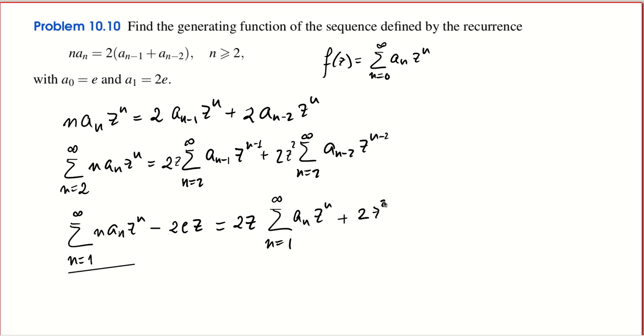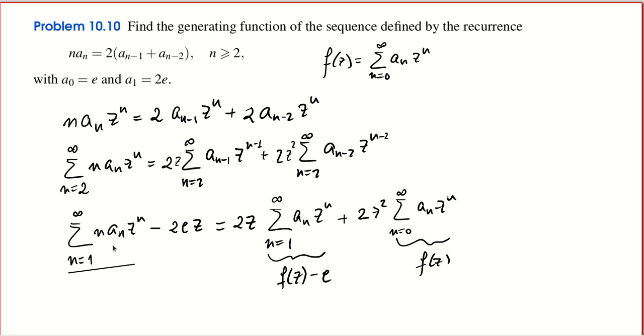Again we shift the indices and we have the sum from 0 to infinity of a_n z^n. All right, this is just the generating function. This one here is the generating function except a_0, so this is f(z) minus a_0, which is e.